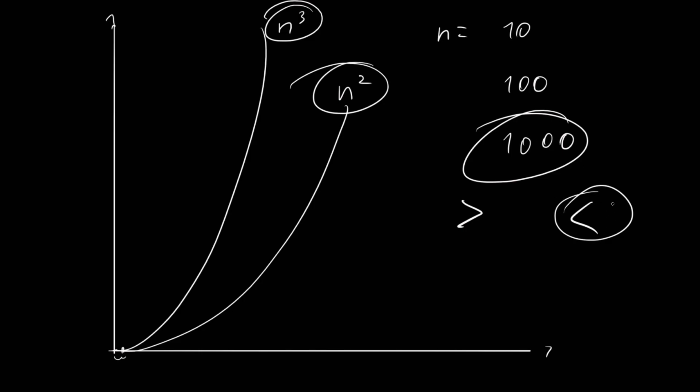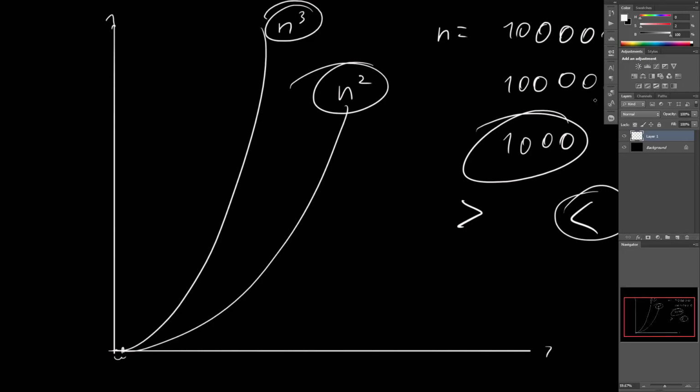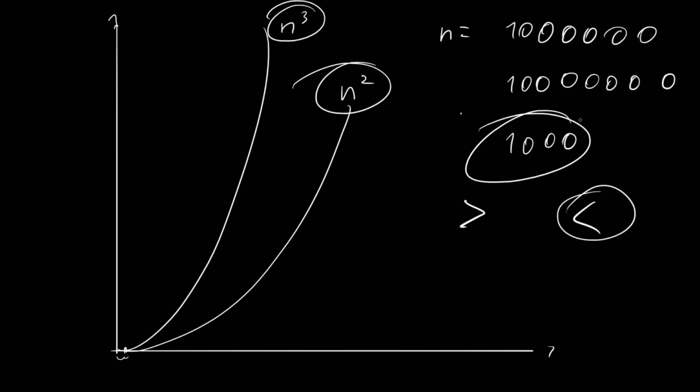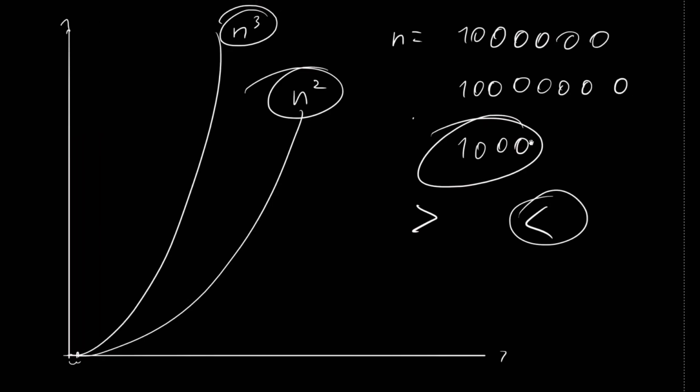It's irrelevant. Now if your n was 1 million, this matters a lot more, because it's the difference between 1 trillion and 1 quadrillion or whatever. That is much more significant.